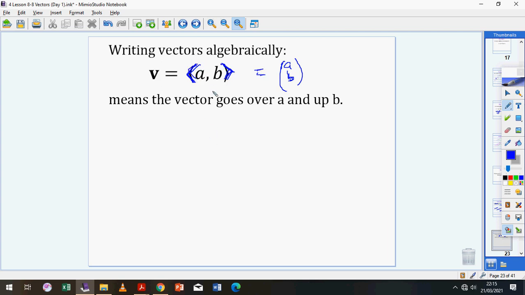So that means that this vector is A units on the x-axis and B units on the y-axis. So if your vector is 2, 3, which is the same thing as the 2, 3 column vector, then that means that wherever you start from, you got 2 units on the x-axis and 3 units on the y-axis to locate your vector. So that will be your vector.